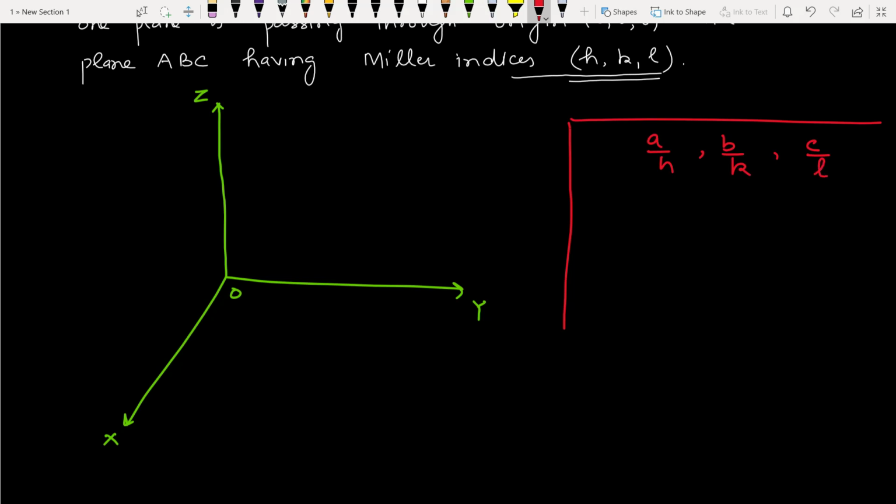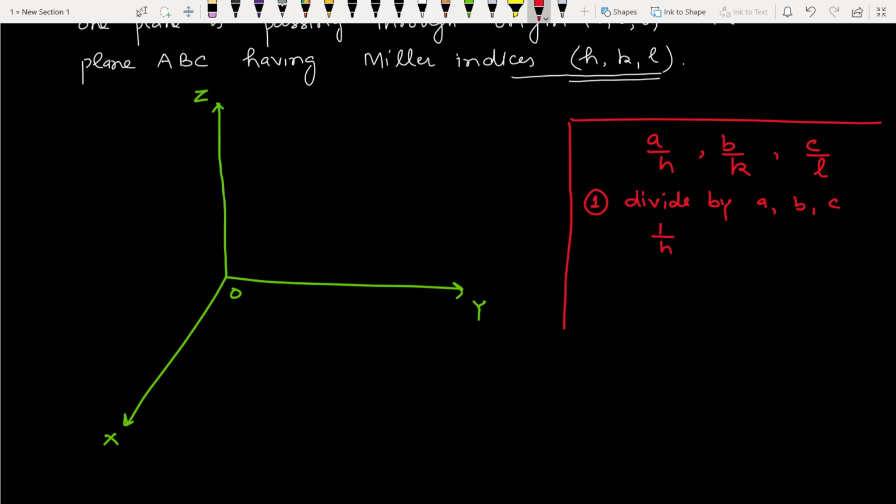So how do we come to know about the intercepts of a plane having Miller indices HKL, that they are these? So we work in a reverse way. If we suppose these are the intercepts on the axes respectively, and we try to find the Miller indices, then step number 1, we divide by A, B and C respectively.